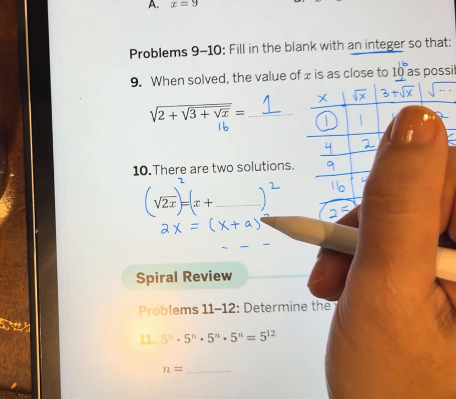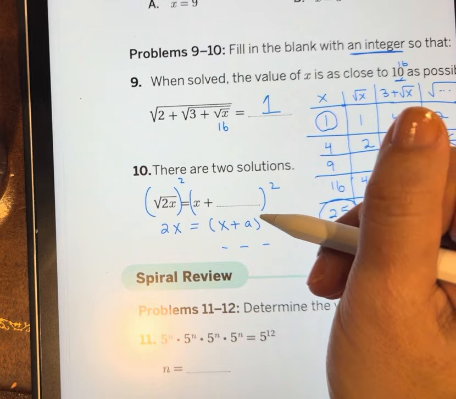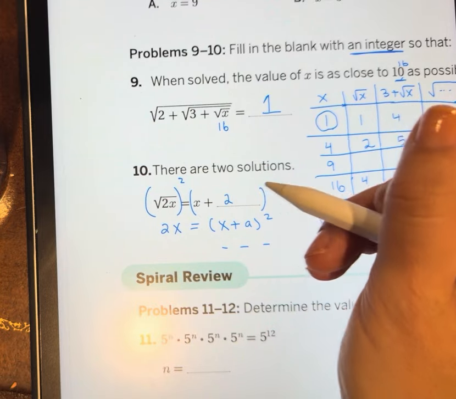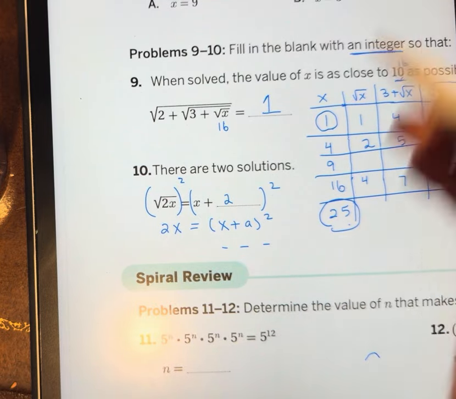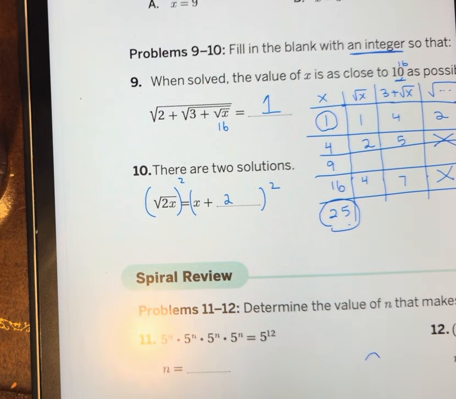So how about 2? I think 2 will work. Let's try it. So if you can't really plan ahead like that, just start with a number, you guys. And once you see how it went with that number, you'll be good.